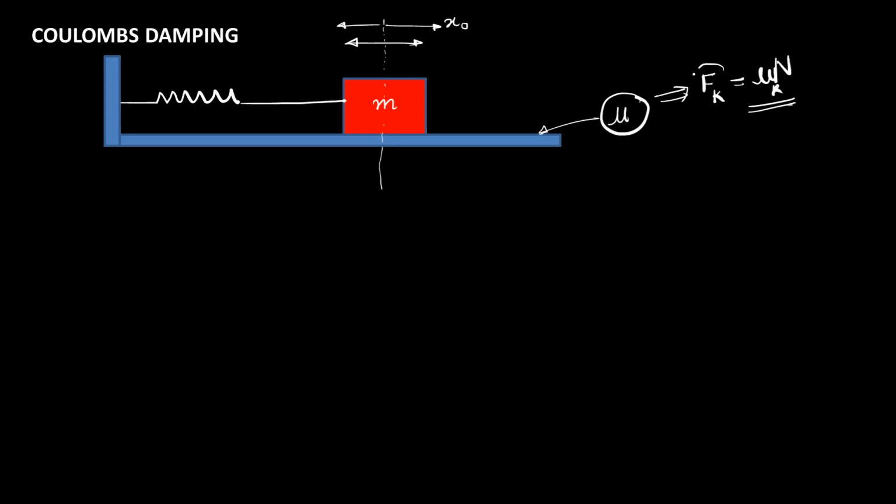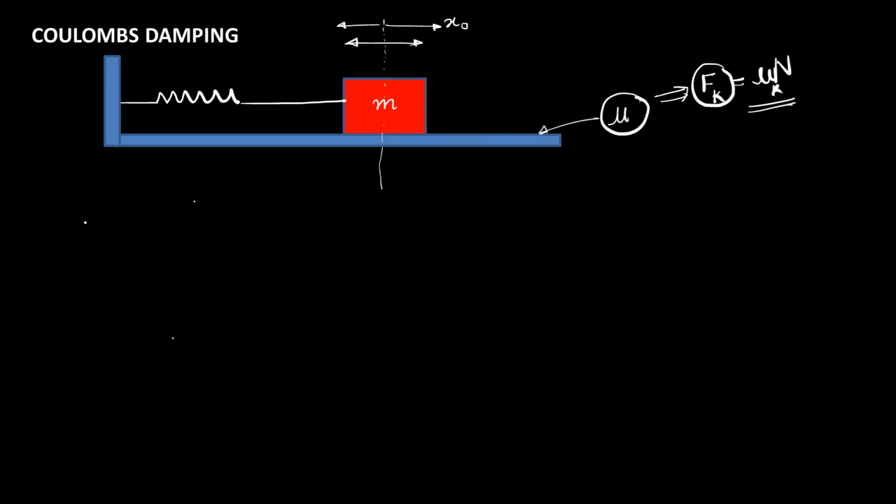Because of this frictional force, the mass will undergo damping, and after some time it will stop oscillating. So this is the oscillatory motion, actually without damping, but if you add this damping, then after some time the oscillatory motion will stop. So for this Coulomb's damping or dry friction damping, we should find the equation of motion.